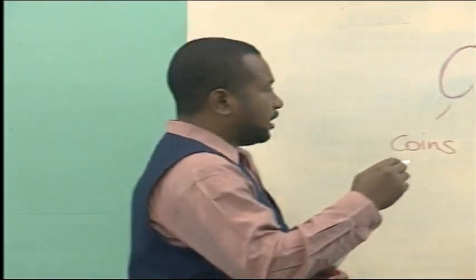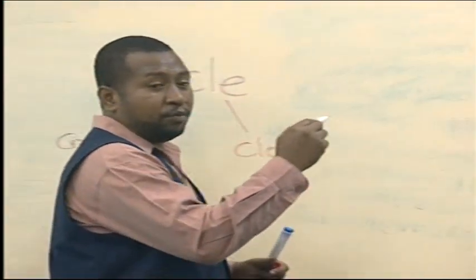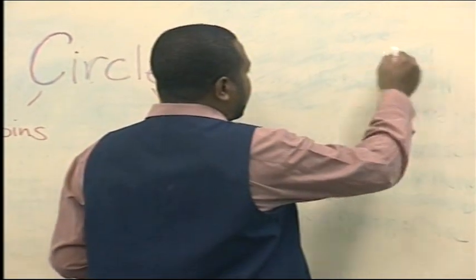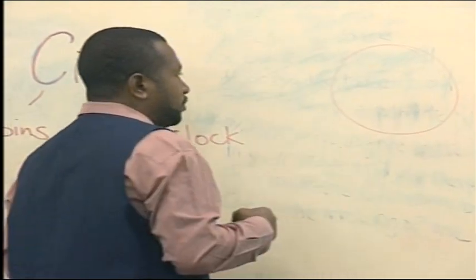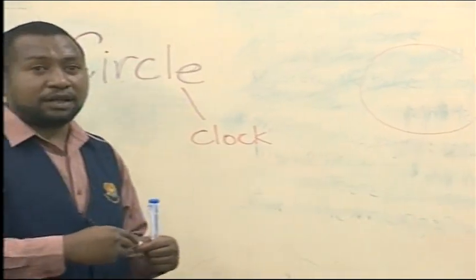Okay, 70s students, look on the board. I am going to draw a circle without using something. Do you think that's a good circle that I've drawn? Why? It's not straight.